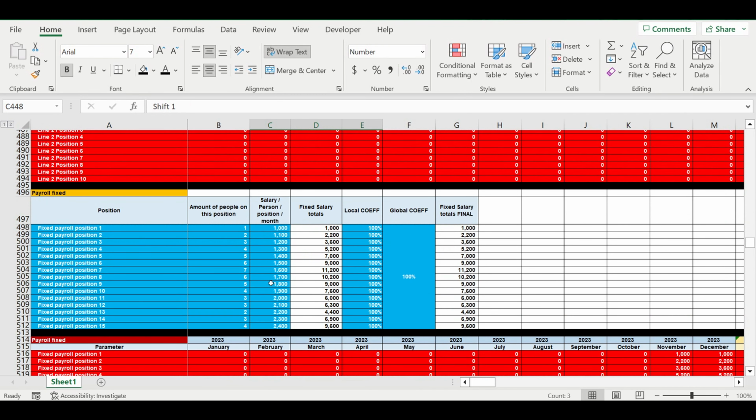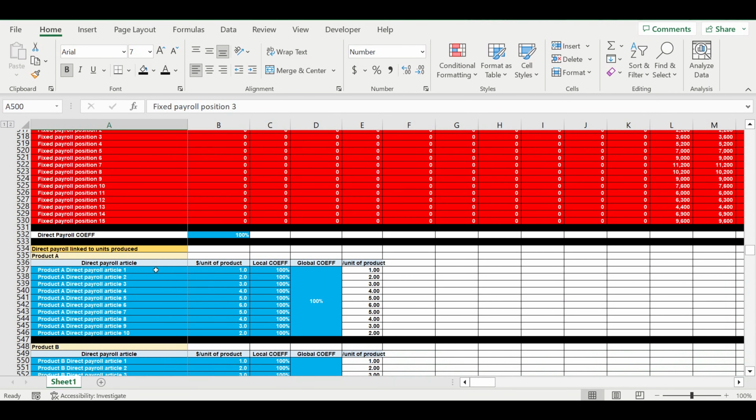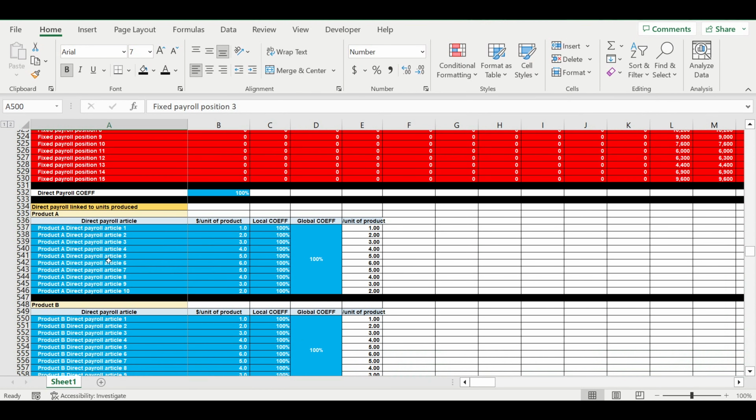Then we worked on payroll which was stable. Then we moved to the payroll which is linked to the amount of units of product A and product B produced.